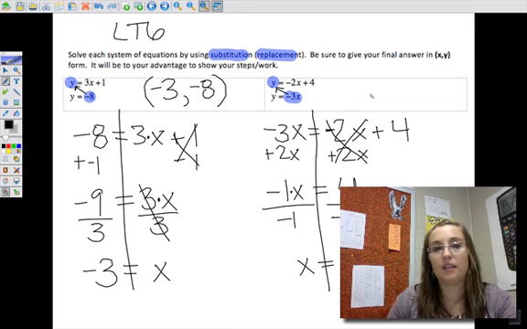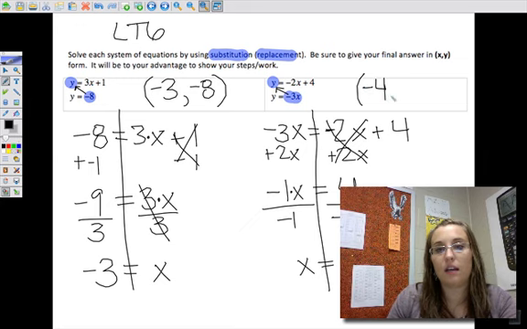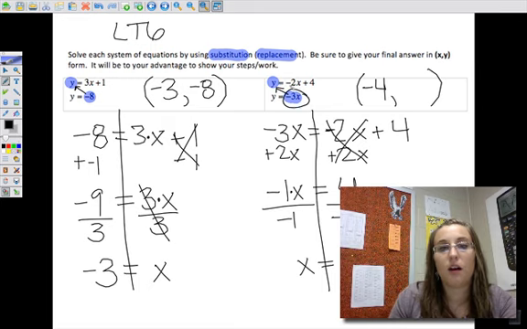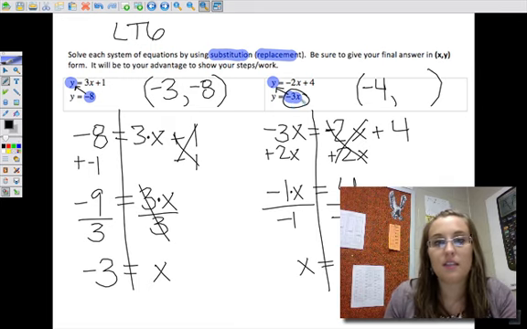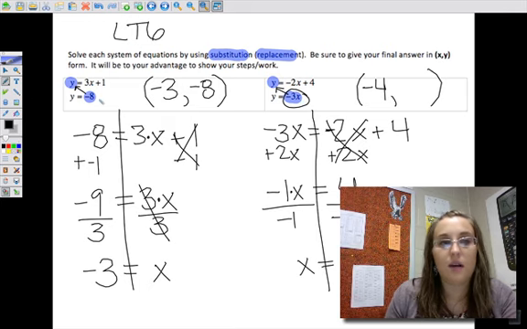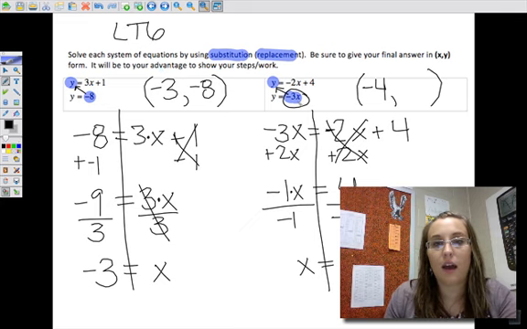Now I'm not done yet this time. I know my x is -4. Now I need to come back up here to what we used when y equals something. So we used y equals -3x. That's different than y equals -8. This is an equation for y.